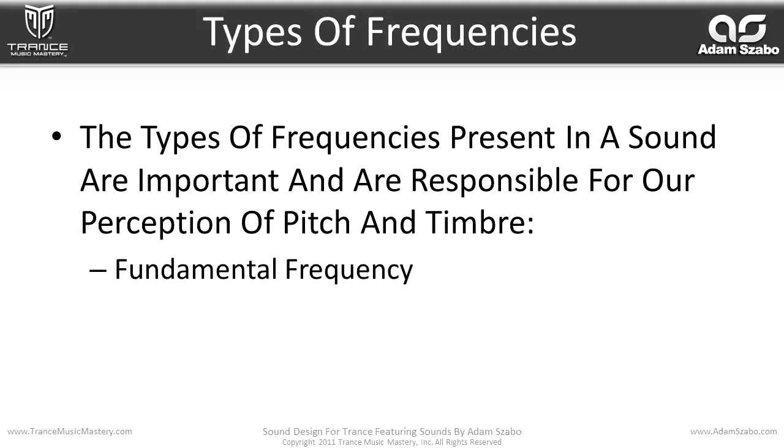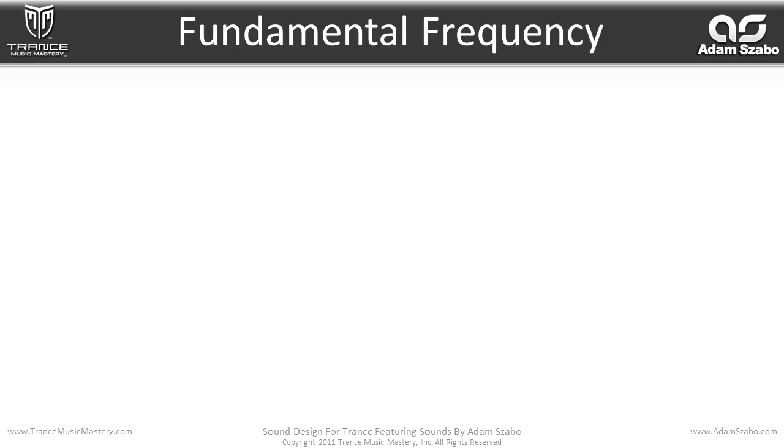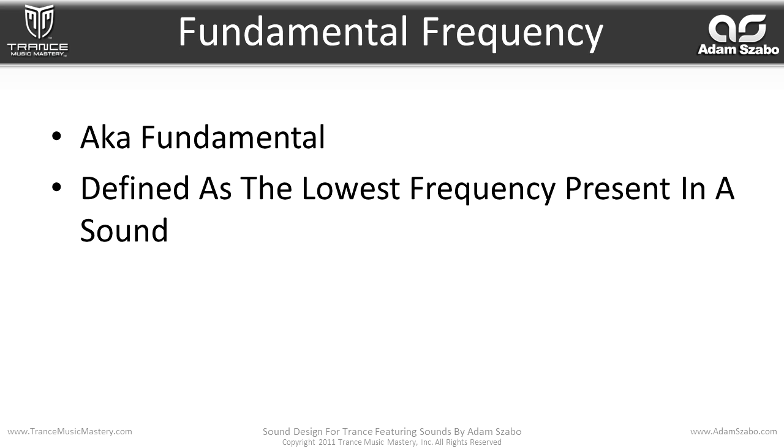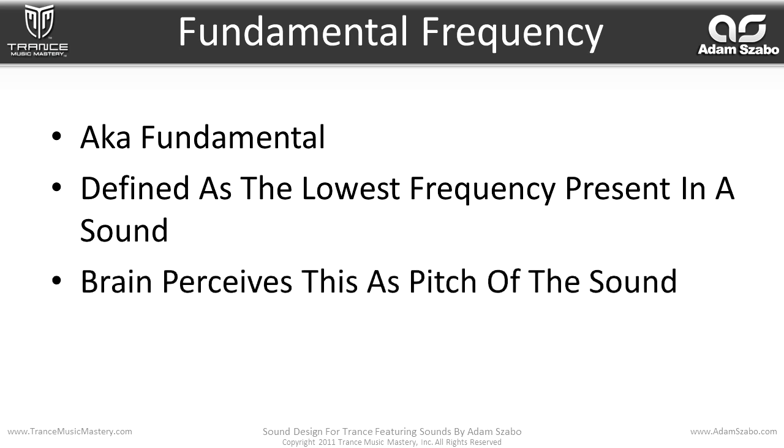So the different types include the fundamental frequency, which I'll define in a moment, overtones, and harmonics. The fundamental frequency, also known as the fundamental, is defined as the lowest frequency present in a sound. The brain perceives this as the pitch of the sound.